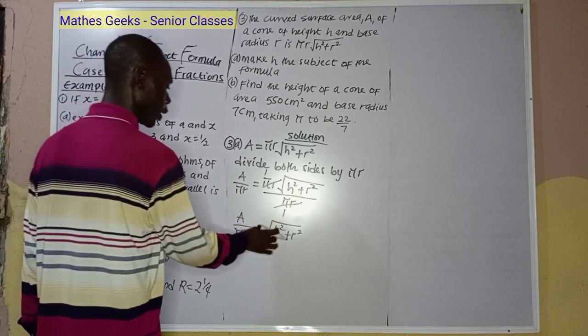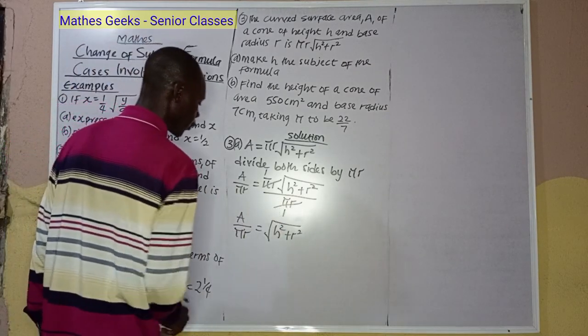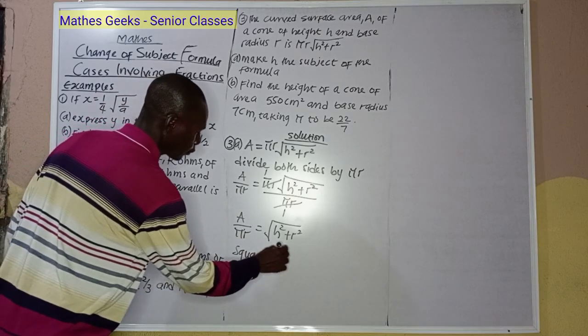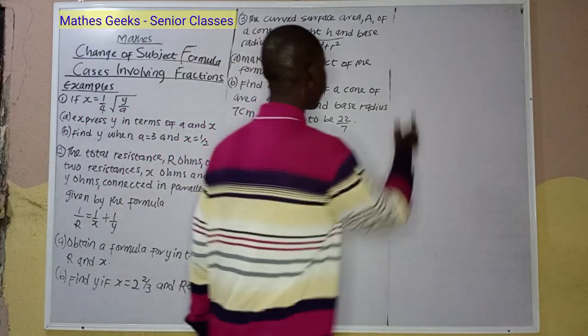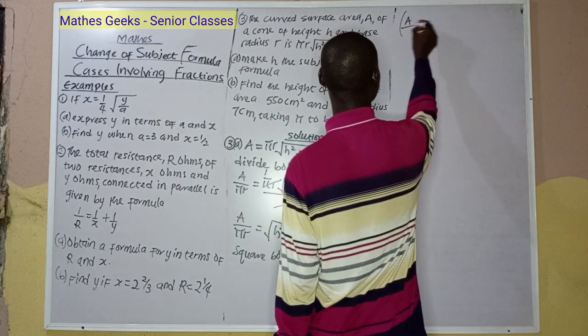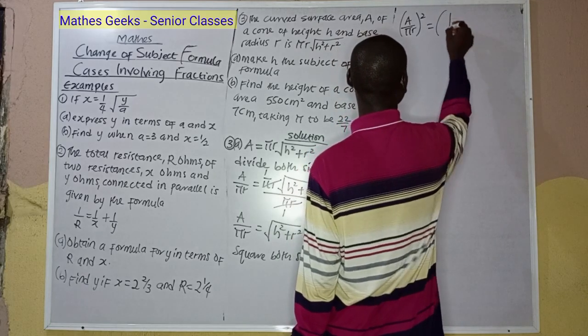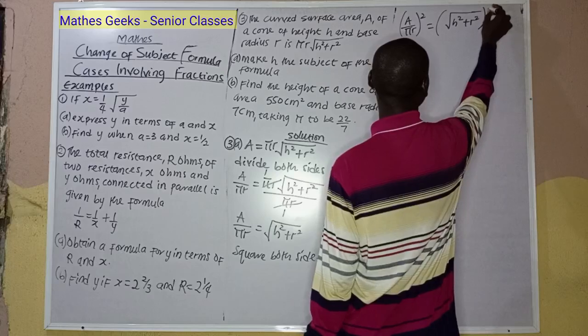Next, what we want to make the subject is inside the square root. So we want to eliminate the square root. To do that, we say square both sides. So this will give us A over pi r, all squared, is equal to the square root of h squared plus r squared, all squared.